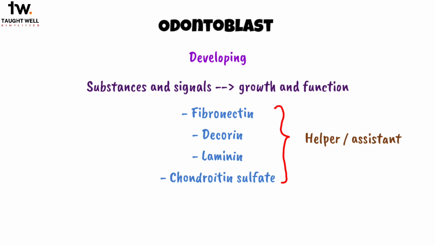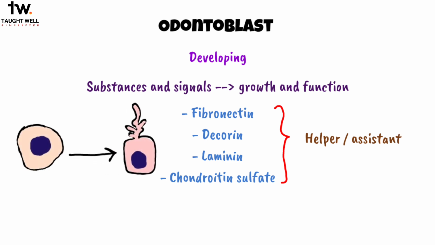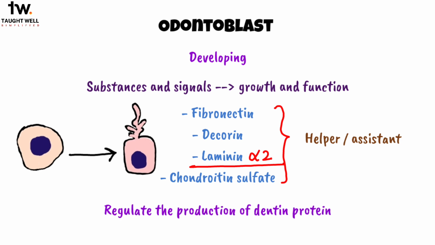They play important roles in supporting the transformation of odontoblasts into mature cells capable of producing dentin. Among these, laminin alpha-2, a part of the laminin complex, is particularly crucial. It acts like a supervisor, ensuring that odontoblasts mature correctly and regulate the production of dentin proteins.